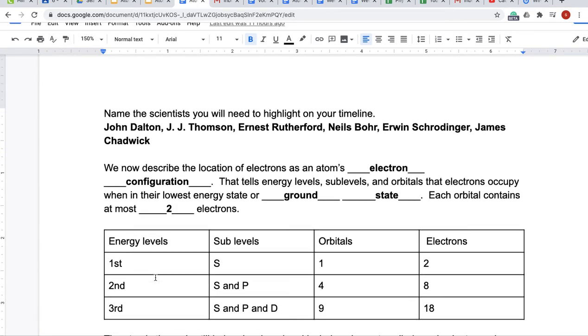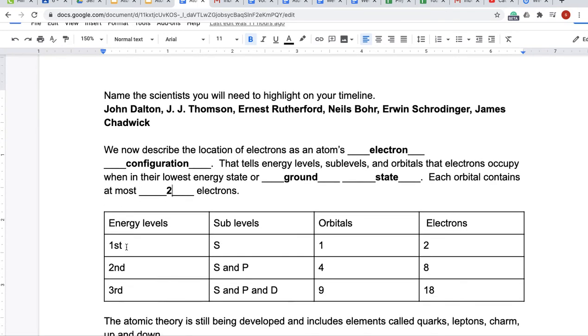So here's how it goes, and I've explained this a little bit. The first energy level only has the s orbital, which is 1 orbital. If you have only 1 orbital, you have 2 electrons. We could really get into orbitals, and it gets pretty deep and heavy, but this is as much as you really need to know. The second energy level has an s, and also 3 p orbitals.